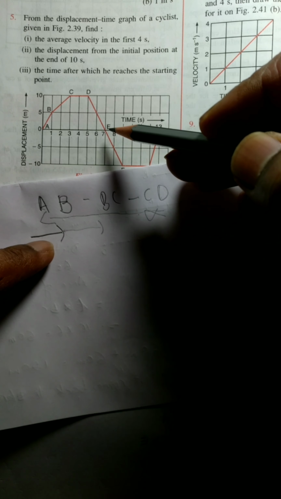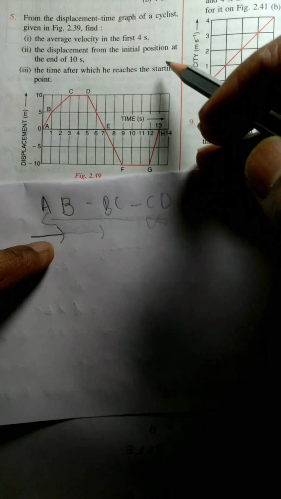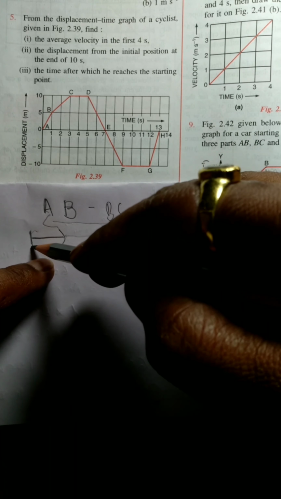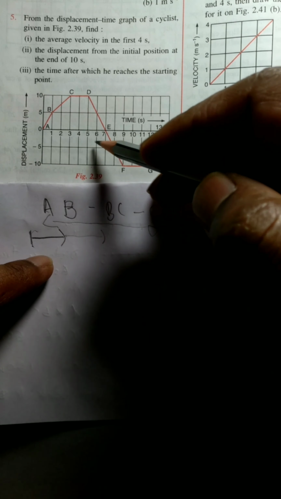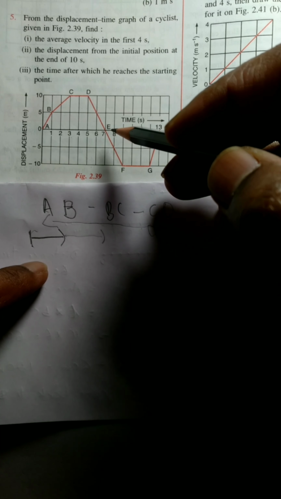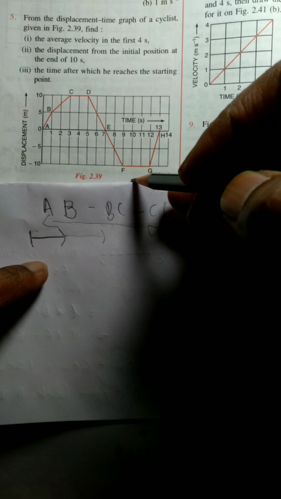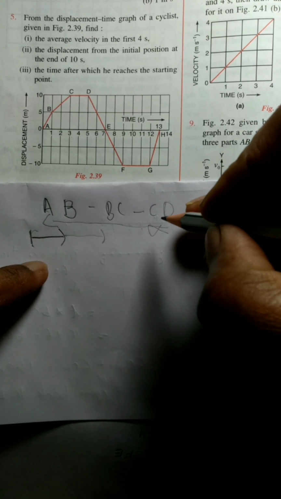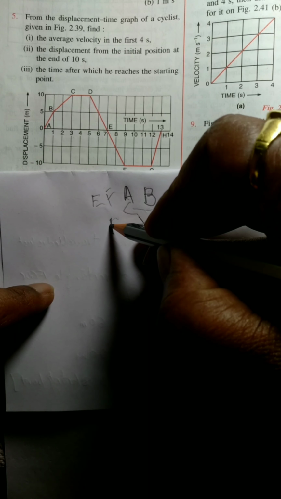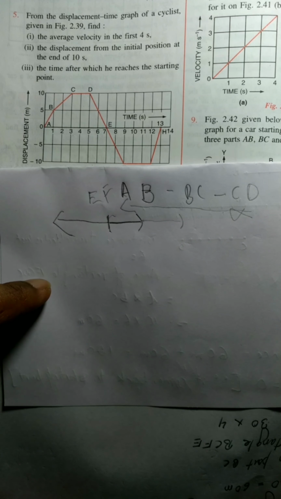And now portion DE, at 7 seconds it reaches the original position here. It started from here. At the end of 7 seconds, it reaches again the initial position. And now for portion EF, it is going back again away from the original position, but still the cyclist is moving in a straight line.